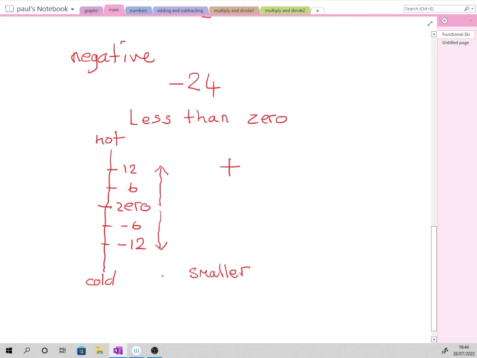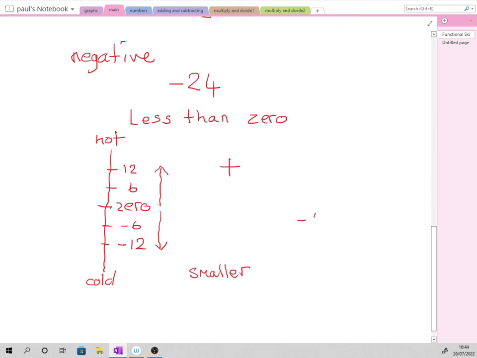It's already 10 minutes into the lesson, and I've just told you that a bigger number is a smaller number. But it's counterintuitive, but it is. So, minus 12, the 12 is a bigger number than 6, but minus 12 will be a smaller temperature. It will be a lower temperature. Think of it like that.